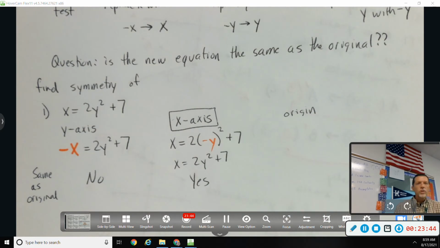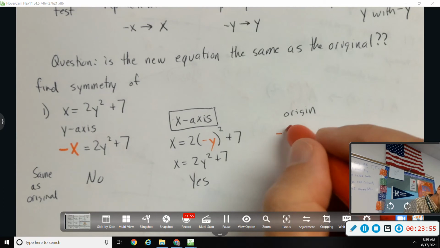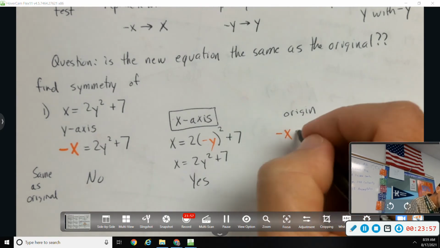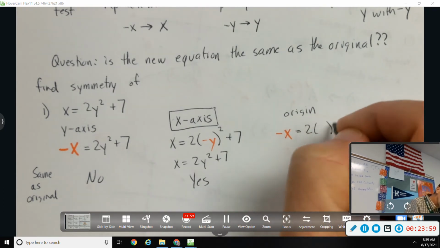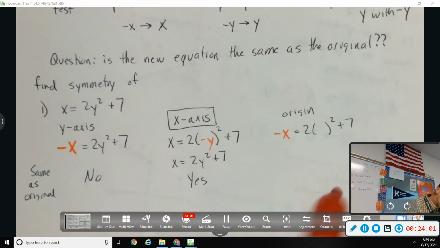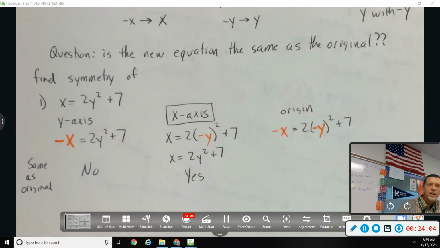Let's check the origin. There are some links between whether it has one or the other or both, but I don't really want to explore those yet. Let's just check it real quick. Negative x in for x, negative y in for y.